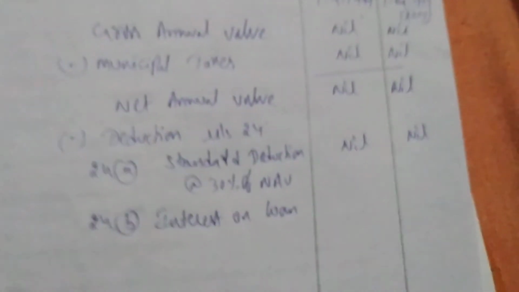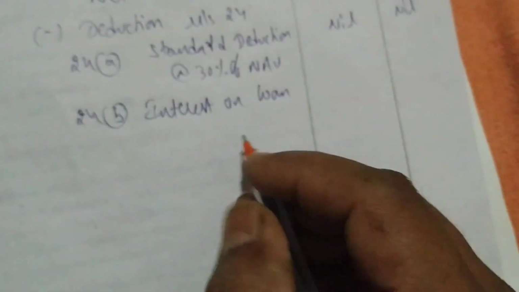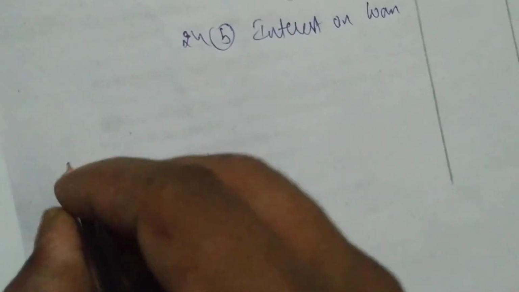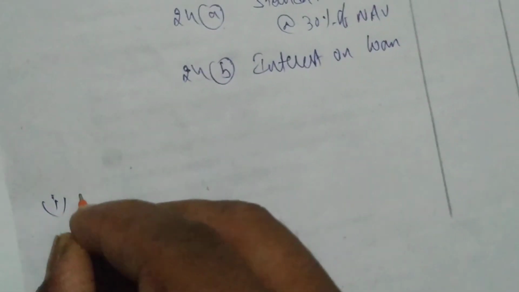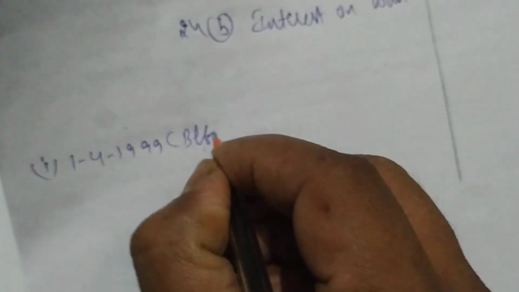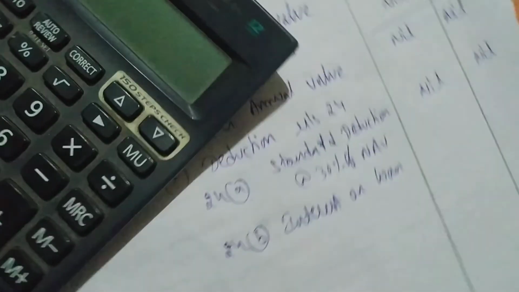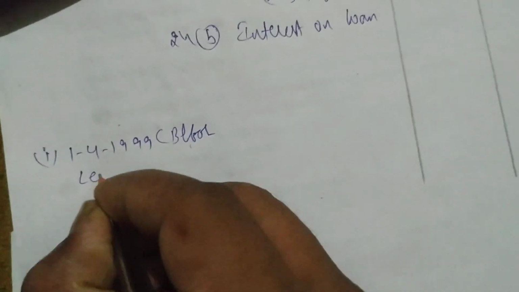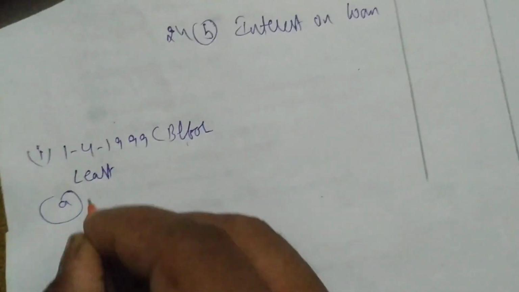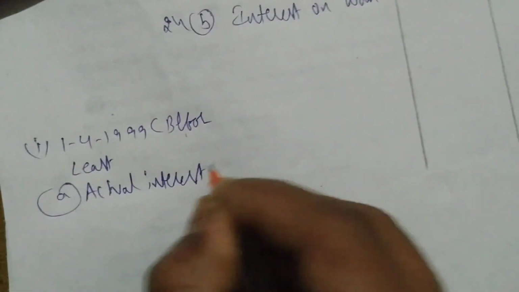Okay, so condition 1. So in case it is taken before 1/4/1999, so what we have to take? First condition, it is taken before 1/4/1999. For before, what we are saying? Least of the following. Small a is actual interest. I said that will be given in the question.